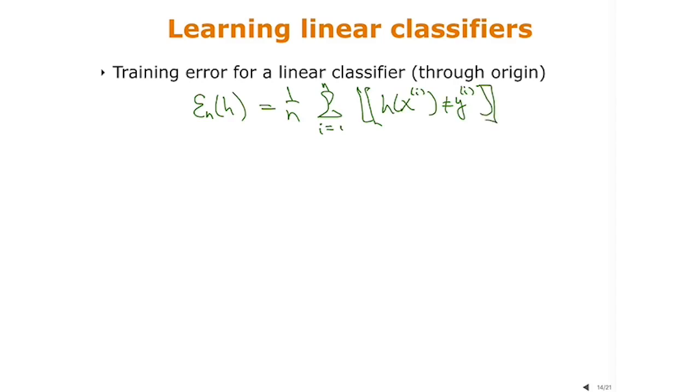We can now write this down for linear classifiers through the origin slightly differently, since each classifier is specified by a parameter vector theta. We can think of evaluating a parameter vector in terms of its resulting training error, again the fraction of points misclassified by now a linear classifier.